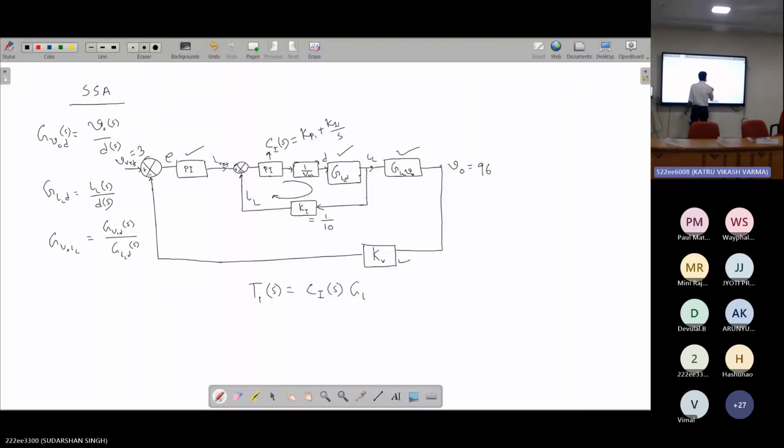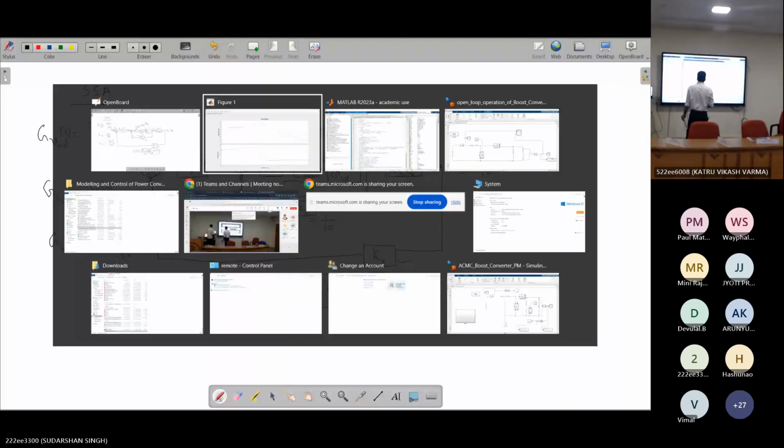Then GILD(S) into KE(S). We have already seen GILD(S). To design the controller, we need to multiply with the sensor gain also. So now we are plotting this multiplied with the sensor gain. Can you plot that one? Because only then can we design the controller.